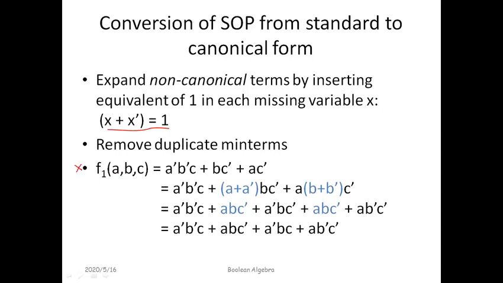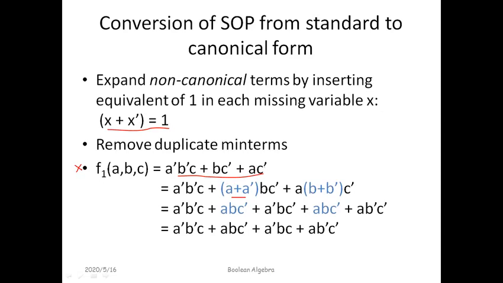F1 with the variables A, B, C is equal to the given expression. We see that A is not appearing in the middle term, and B is not appearing in the third term. So we can introduce into the middle term A plus A bar, which is just a 1. It doesn't change anything, but we introduce it so that we show that this is a gate that has 3 inputs.